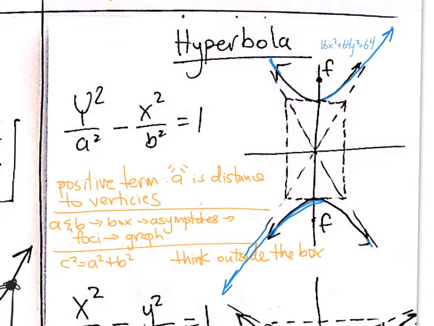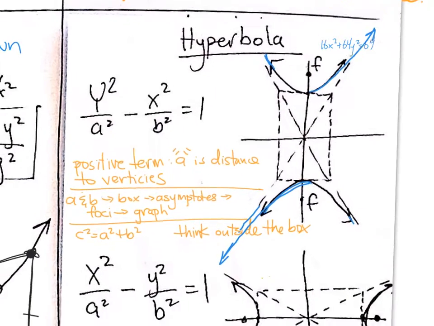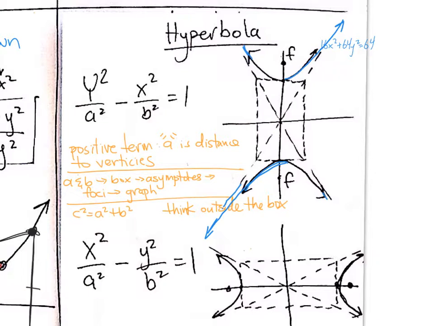All right, so, similarities. This is opening up and down. Notice how the vertices went in the y direction, and the positive term is the y squared. Over here, the positive term is the x squared, so the vertices went in the x direction from the center.